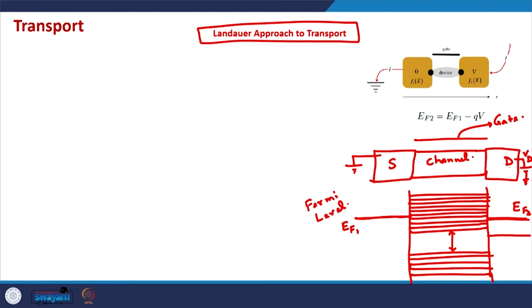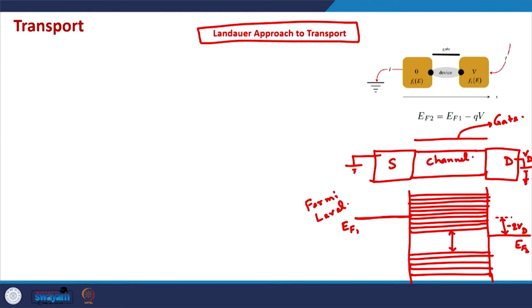So if a positive voltage is applied, EF2 will come down and this will change by minus QVD. Okay, so this is the EF2 after the voltage has been applied on the second terminal. Okay, so this is the difference between EF1 and EF2.